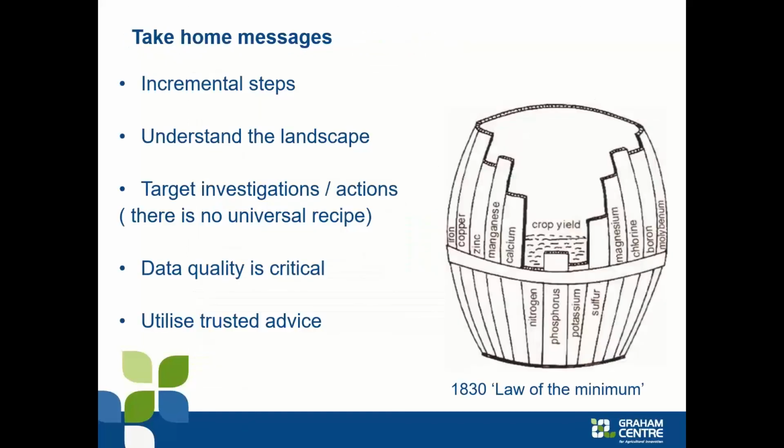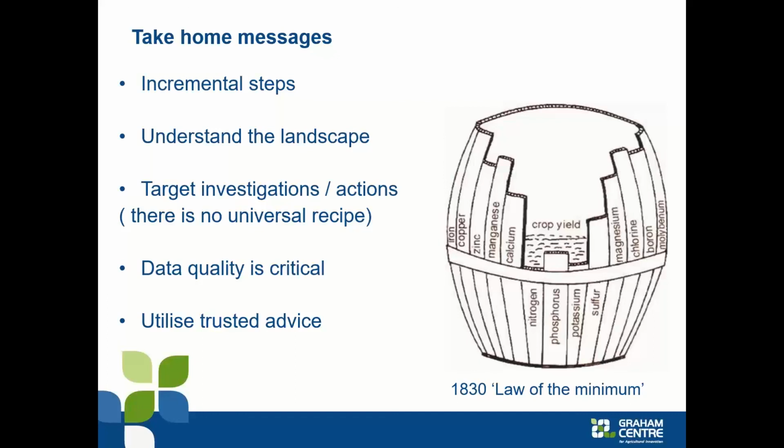And so the take-home message from all of that is that I think it makes a lot more sense to be making incremental steps: going from whole paddock management to most representative part of the paddock management, to then zone management, to then grid management would seem to be the most logical process.